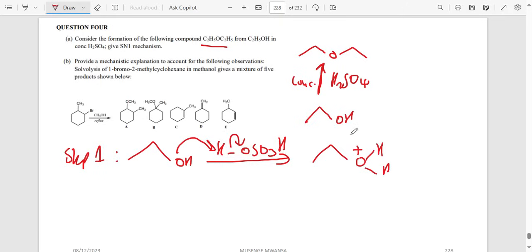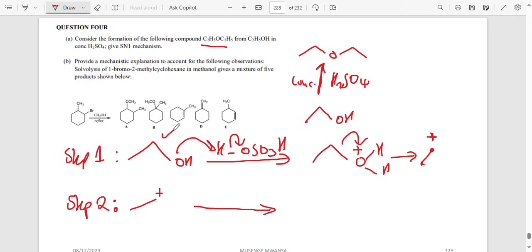Because this is an SN1 mechanism, what is going to happen at this point? Yes, so this will leave. So we're going to have a positive charge being formed at this point. Carbon 1, carbon 2. And then the same compound that you have formed here will be attacked by another one of its form. So we'll get again the same reactant that we had used earlier.